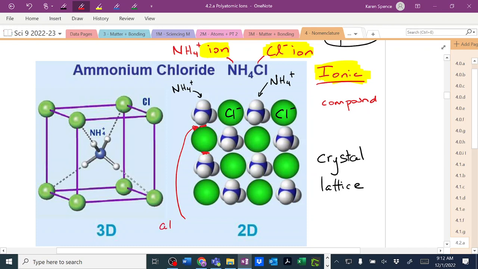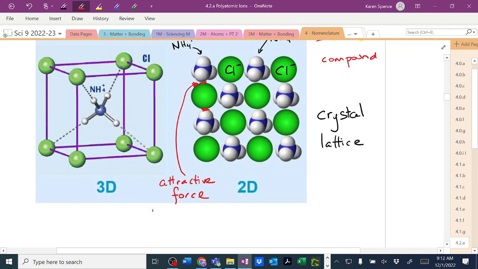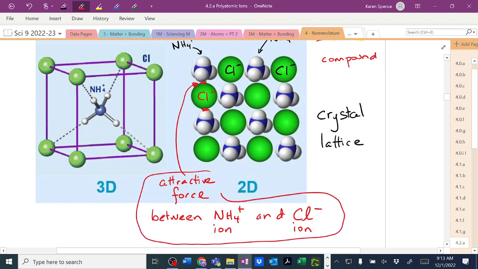What is the attractive force between NH4 plus and Cl minus? That is an ionic bond because we have an ion and we have a chloride ion, and therefore that attractive force between the NH4 plus and the chloride, that is an ionic bond.